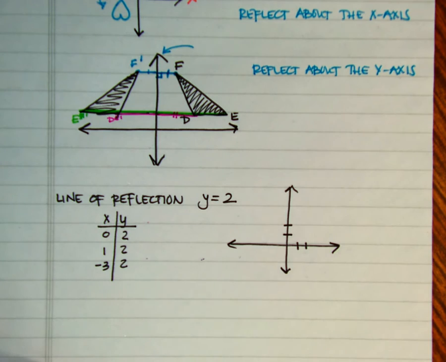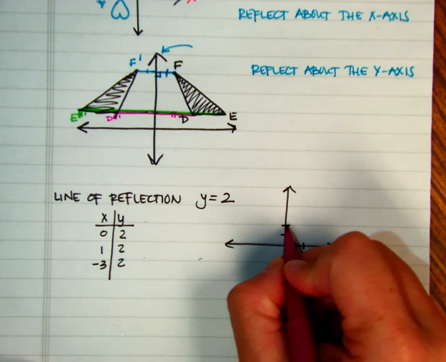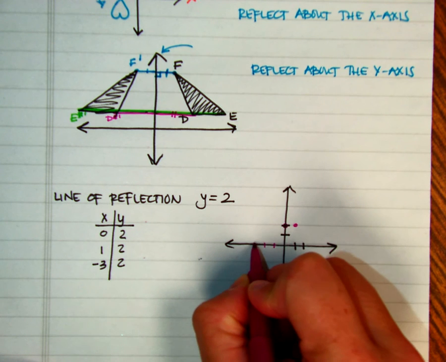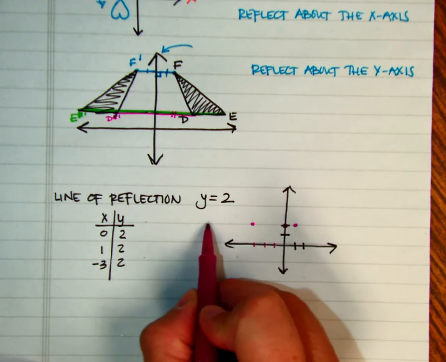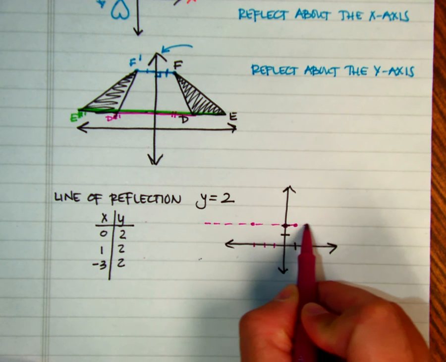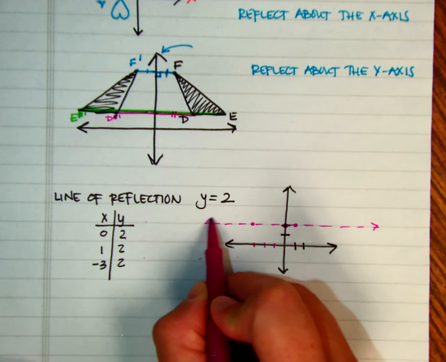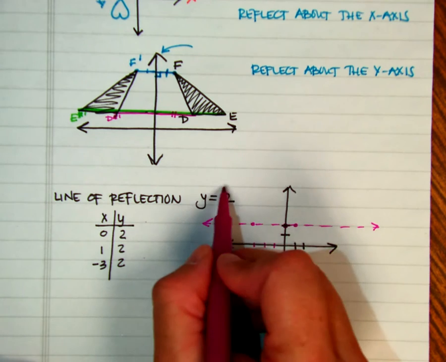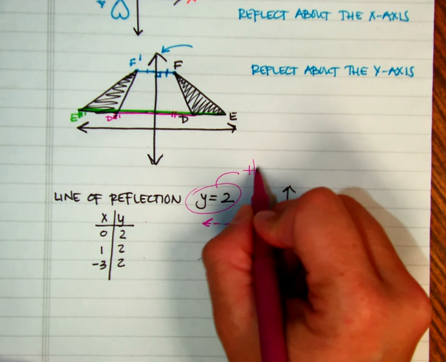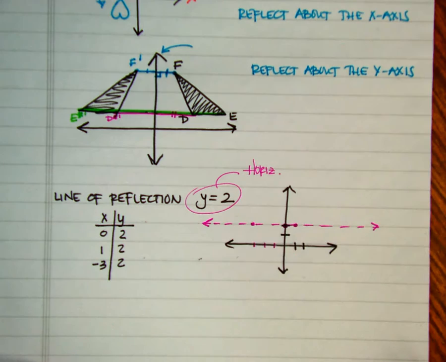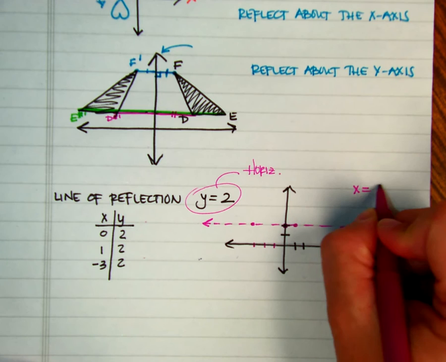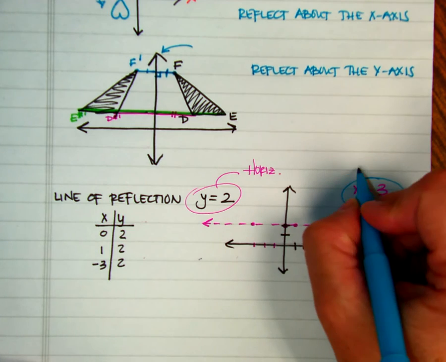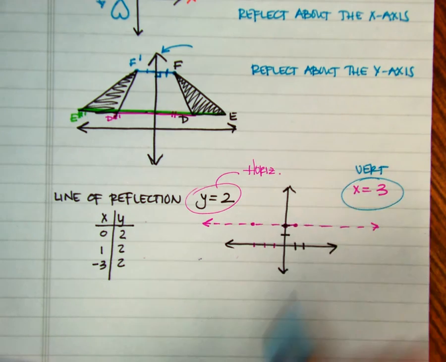So if I go and I graph those, 0, 2, 1, 2, -3, 2, you are going to get a line that is horizontal to the x-axis. So y equals 2 is horizontal. So what do you think x equals 3 would be? Like x equals 3 would be a vertical line.